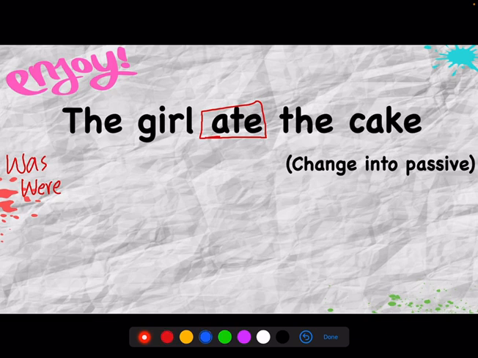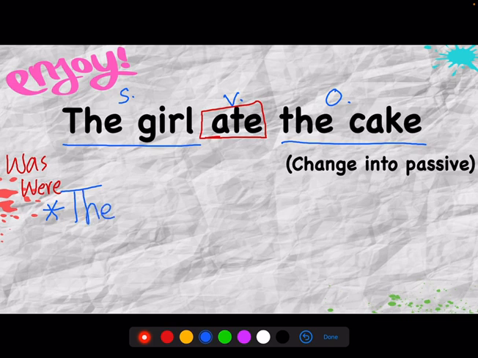Now let's find the part of speech. The girl is the subject, ate is the verb, the cake is the object. The first thing I have to do, I have to start with the object, which is the cake. Now the helping verb. Where's the helping verb? Was and were. I have the cake here. The cake is singular. Okay, if I want to put my helping verb, I have to look at the previous word, not the base sentence.